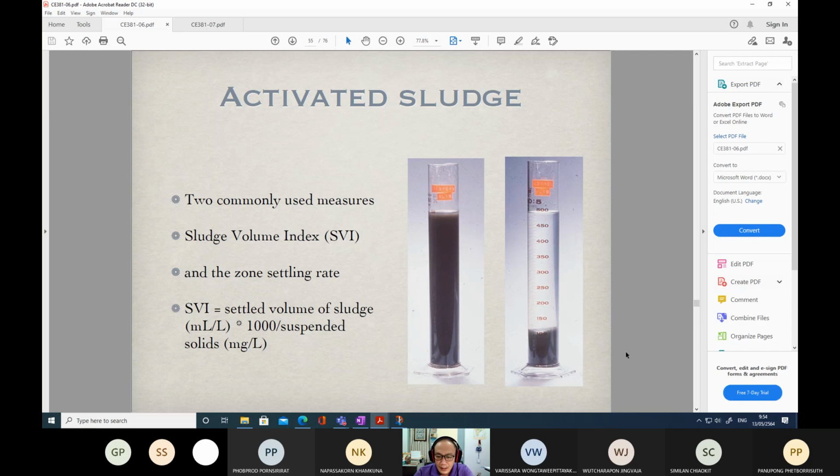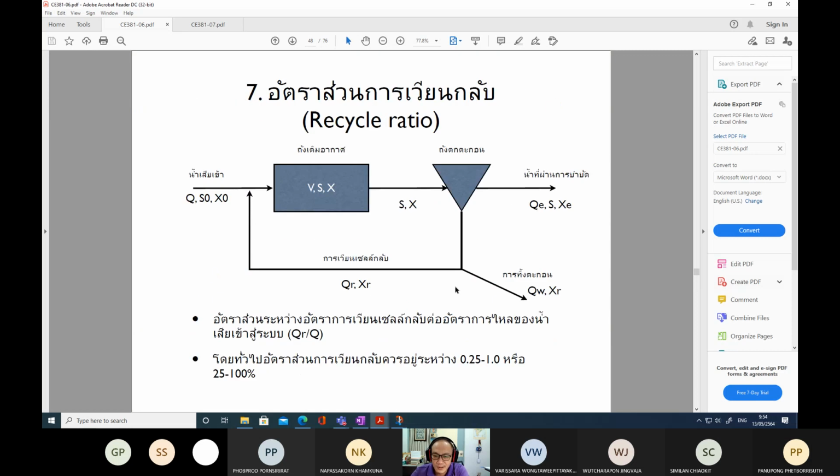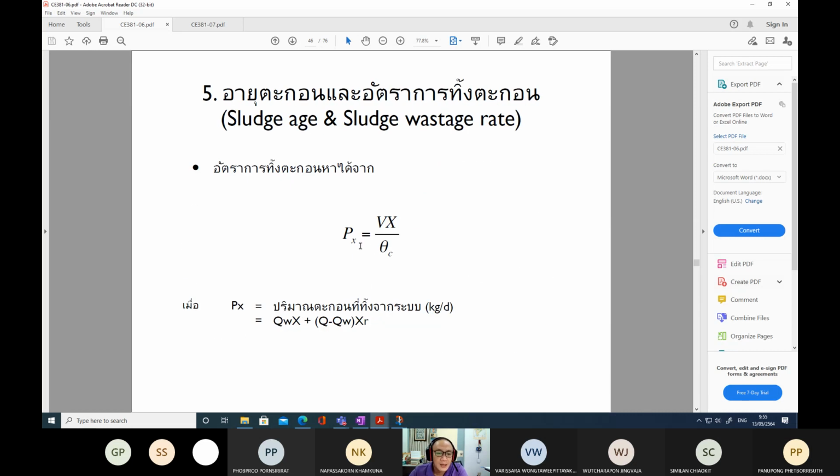And this is the sludge coming from the aeration basin. Part of this sludge will be put back into the aeration basin, while the remainder is disposed. And this one is the excess sludge. You can estimate the sludge to be disposed by using this relationship.